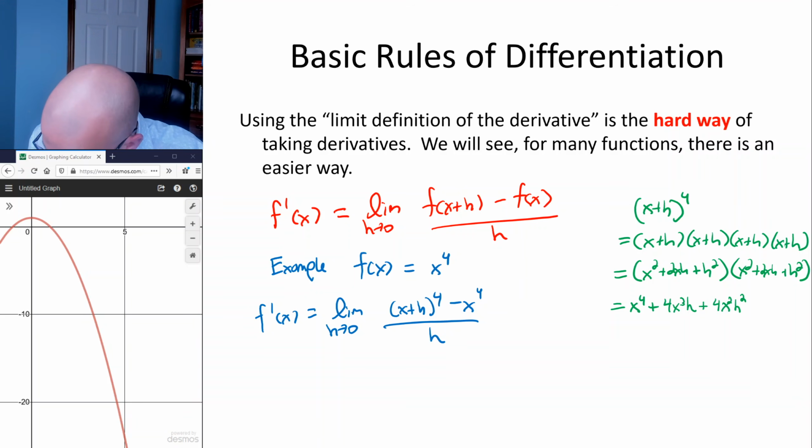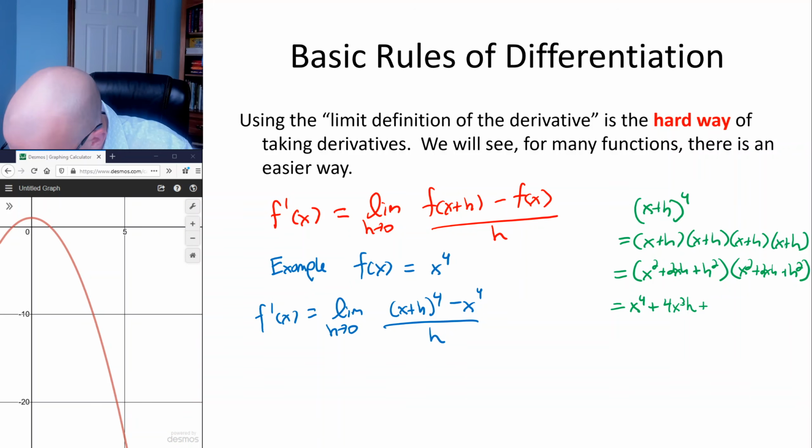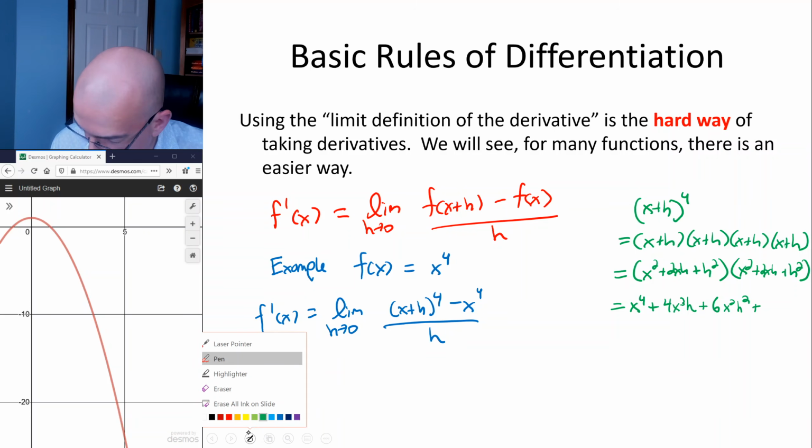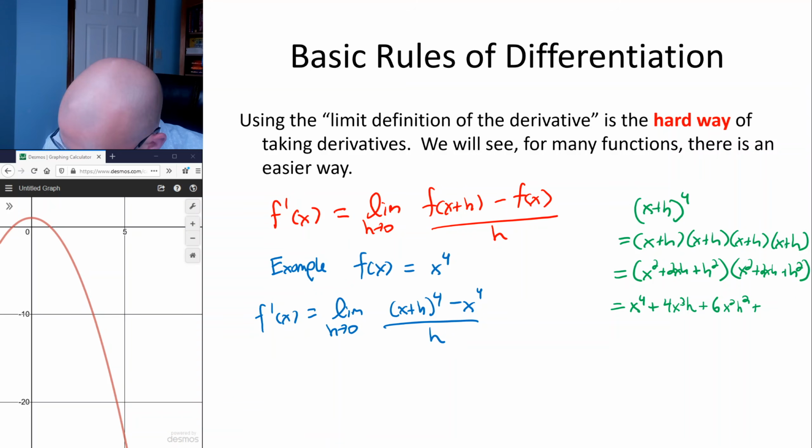Oh no, how many? We got more of those than that. See, I'm confusing myself. 6. So I get that one and that one. Yeah, 6x squared h squared plus, and then 4, because I have 2xh squared and I get another one of those, so 4 of those, 4xh cubed rather, plus h to the power 4.